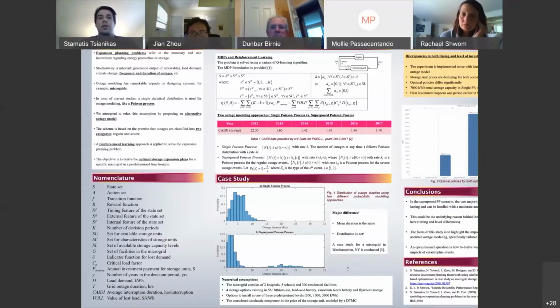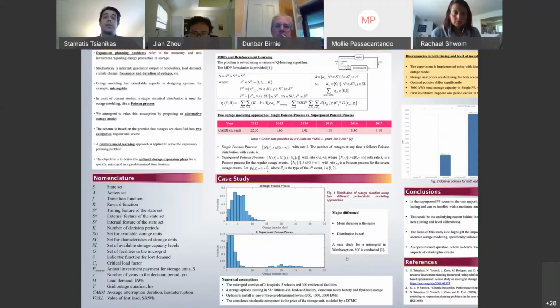However, in the second scheme, in Figure 1b, most of the outages are short-lived, but we also have some outages which could be potentially catastrophic. This is a very important part of our work. These outages happen around 20 to 25 hours in Figure 1b. So the mean duration is the same, but the distribution is not.